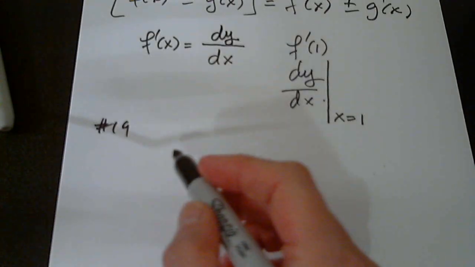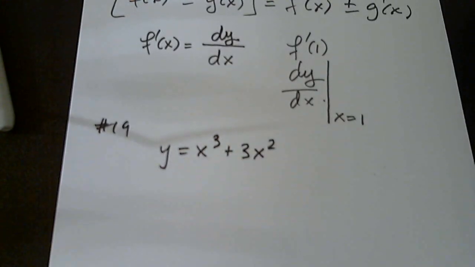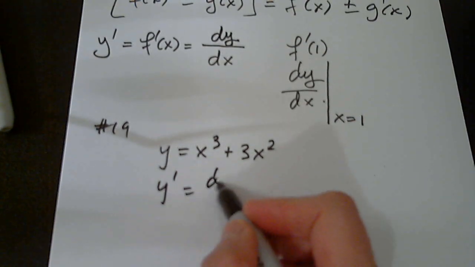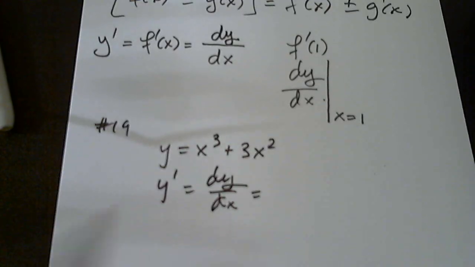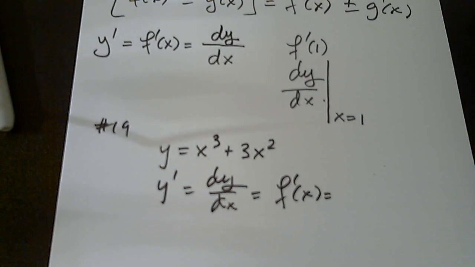In 19, we have y equals x to the third plus 3x squared. So we want to find the derivative. Another notation is y prime. You can use y prime, you can use dy over dx, whichever you prefer. You can use f prime of x. They're all the same.